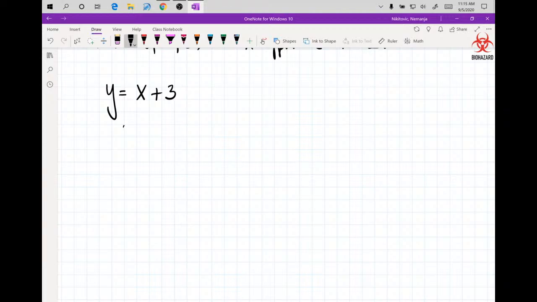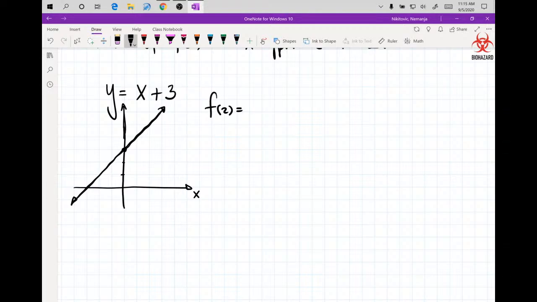And the graph for that is 1, 2, 3 y-intercept, and the slope is 1. So this is what we have. And let's say you want to compute the value at 2. So what is f of 2? Well, it's going to be 2 plus 3, and you're going to get 5.